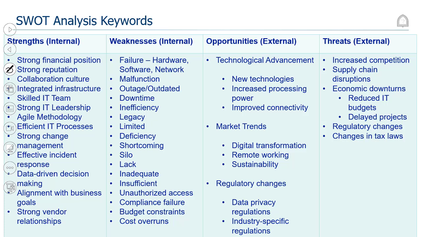If you're looking for strength, those are some of the keywords that will often come in. If you're looking for the strength, things like strong financial position, strong reputation. And as Mariam said, these are your strengths. These are internal, okay? Now, some of these internal strengths are not mutually exclusive.